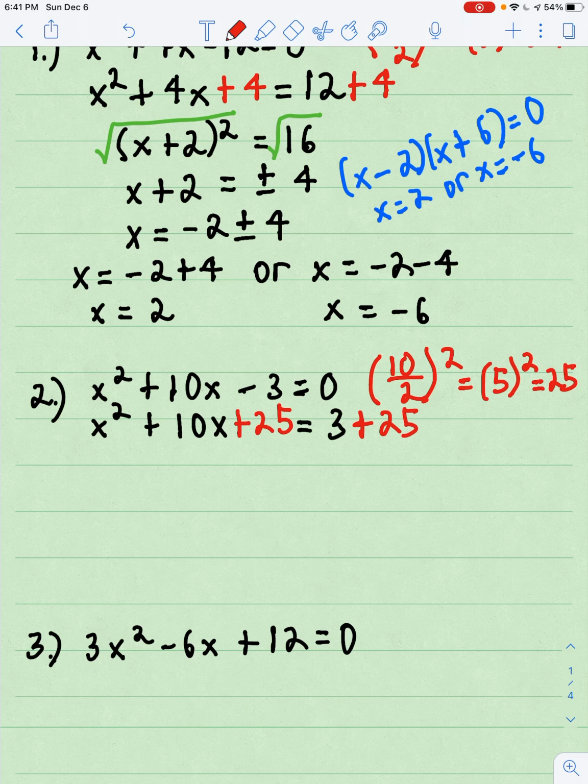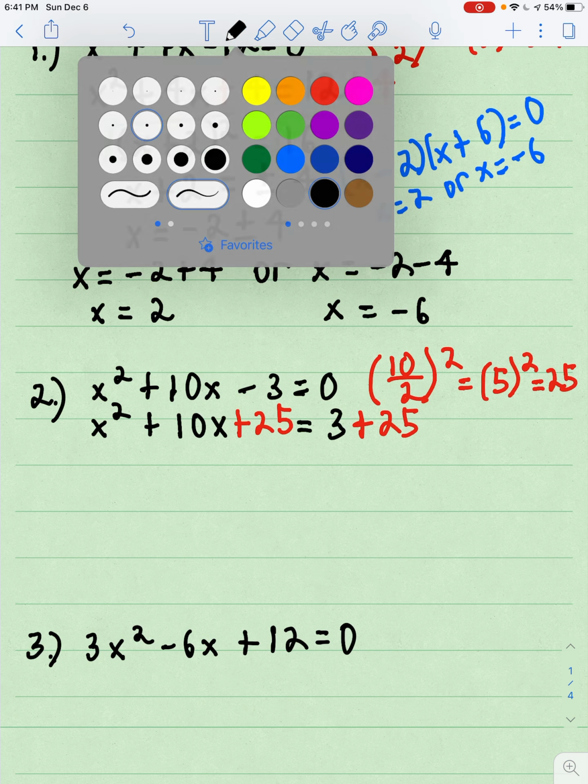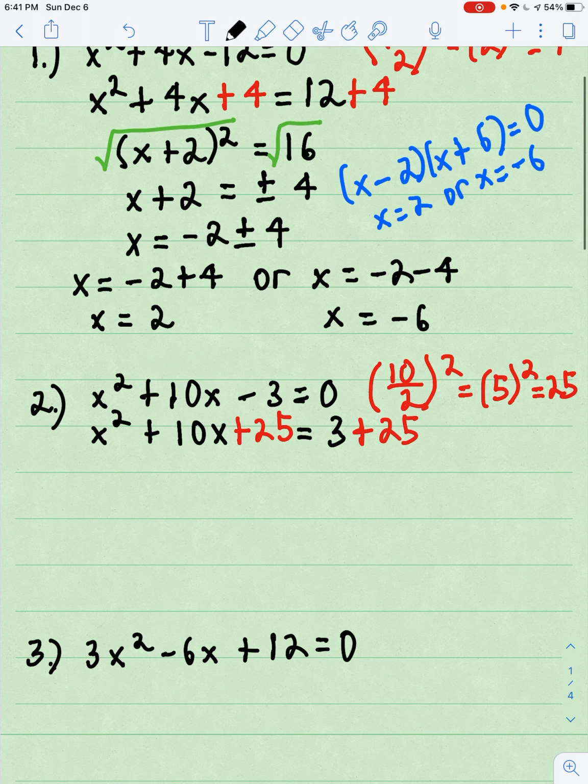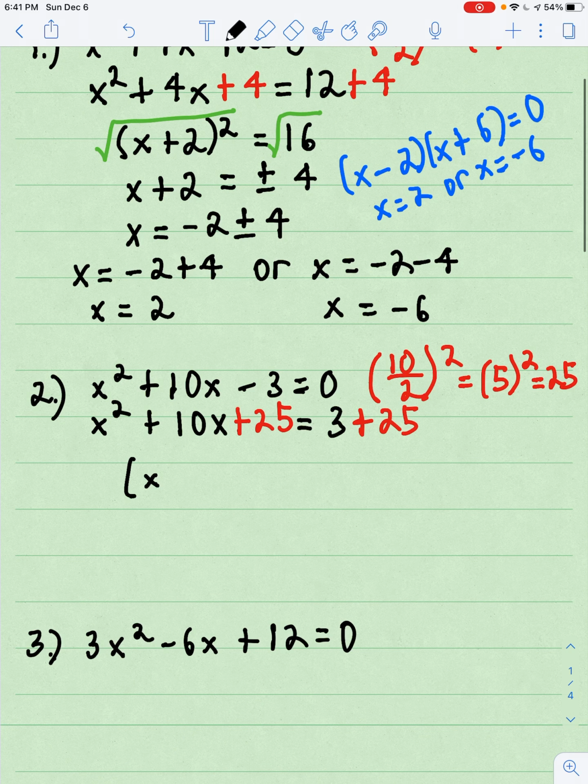We now have created a perfect square trinomial on the left, which factors into 2 identical factors of x plus 5, which we write as the square of the quantity x plus 5. That will equal 28 on the right.